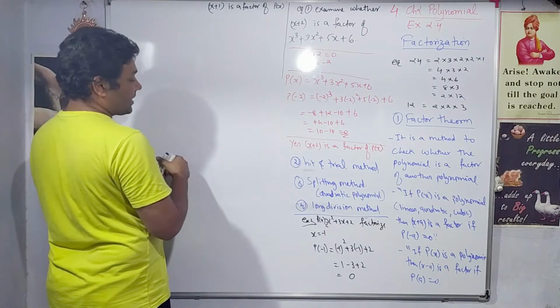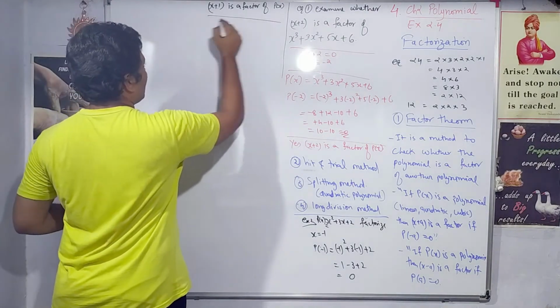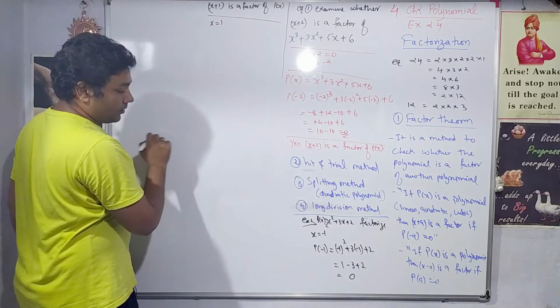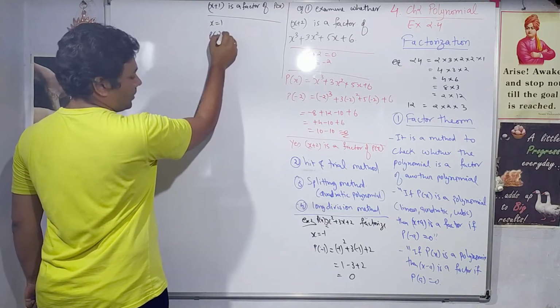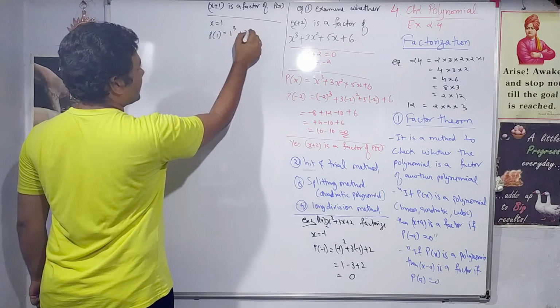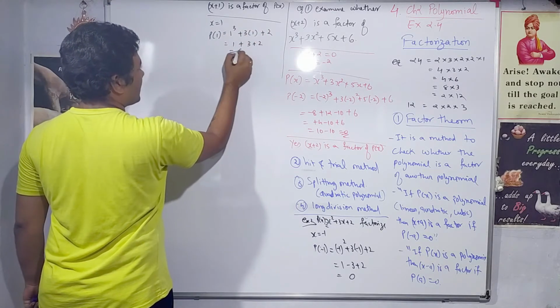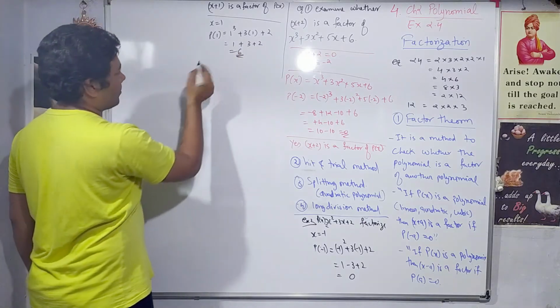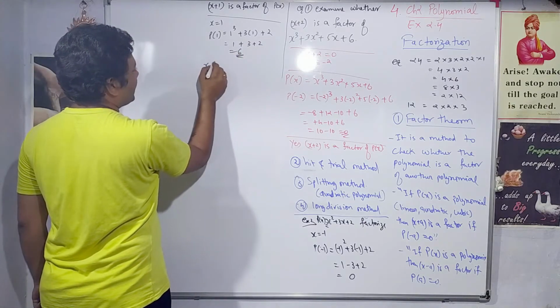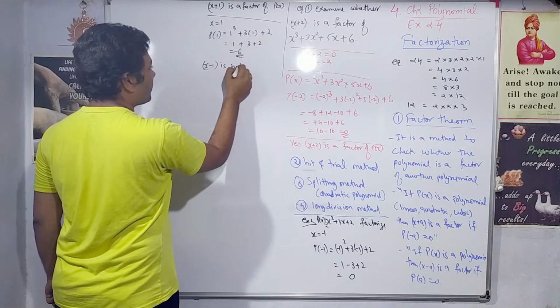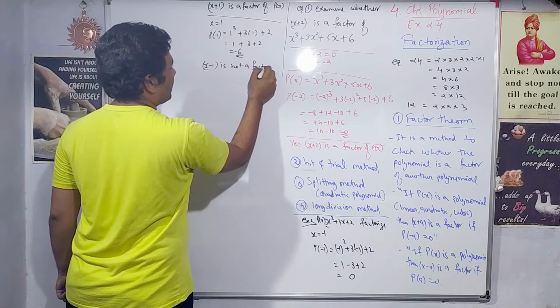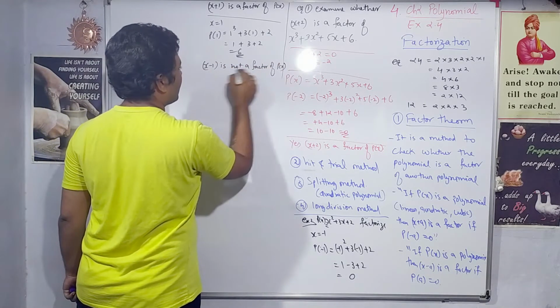Now I'll try with x equal to 1. If I put x equal to 1, what will I get? P of 1 will be 1 square plus 3 into 1 plus 2. So 1 plus 3 plus 2, that is 6. Oh, I did not get 0. So I can write that x minus 1 is not a factor of p of x, right?